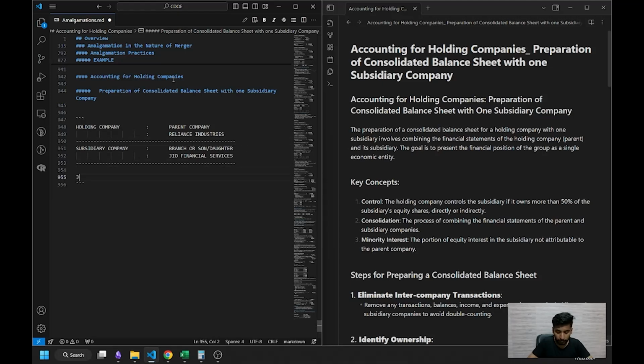So this is the basic difference between a subsidiary company and a holding company.